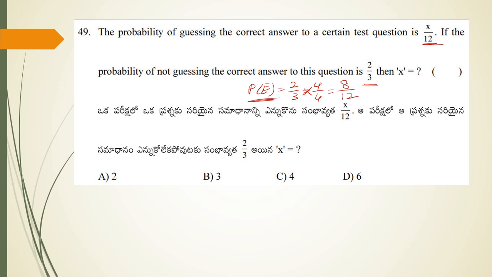So not correct is 8 by 12, then correct is 4 by 12, because when we add these two we need to get 1. So clearly on comparison x value is 4.